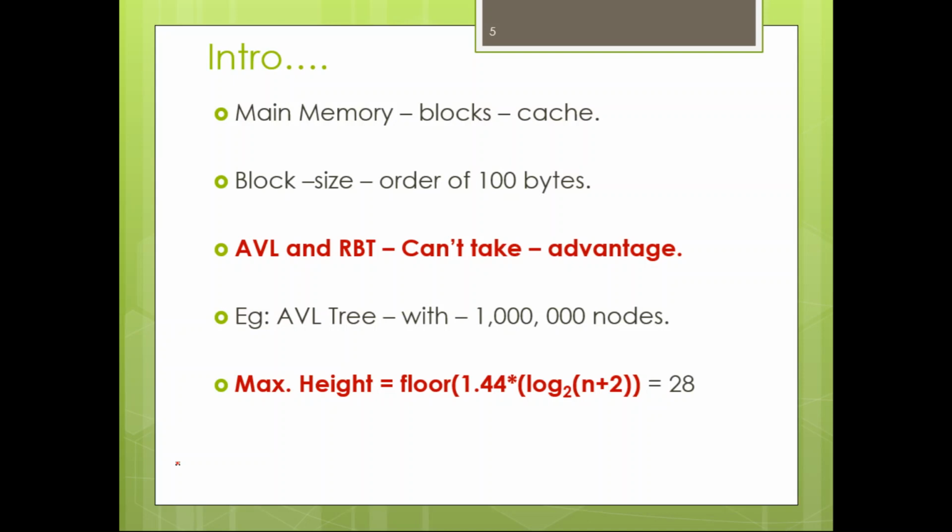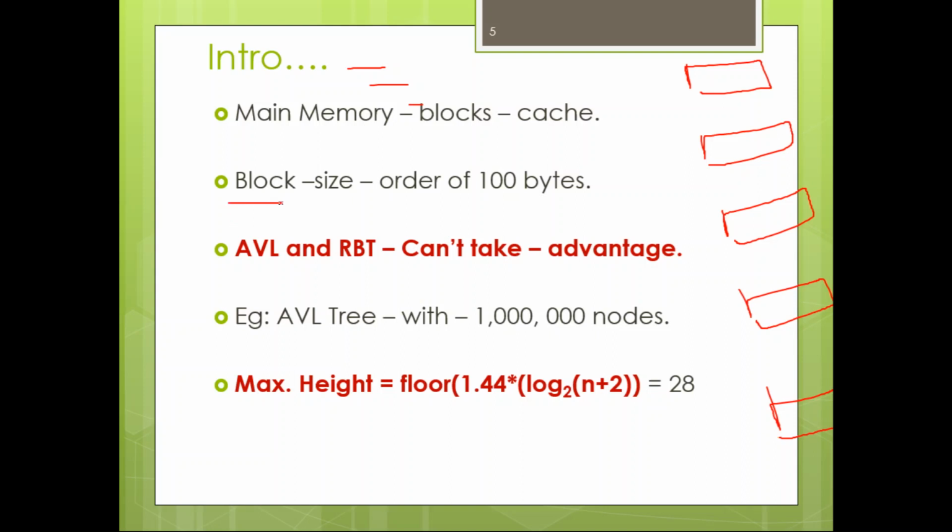in the worst case, the nodes in each of the levels may be stored in different blocks of the main memory. And assume that none of these blocks are currently in the cache memory, and the block size of the main memory and the cache memory is the same.